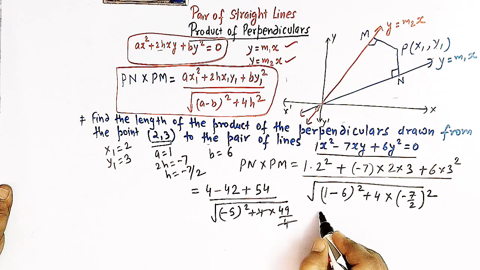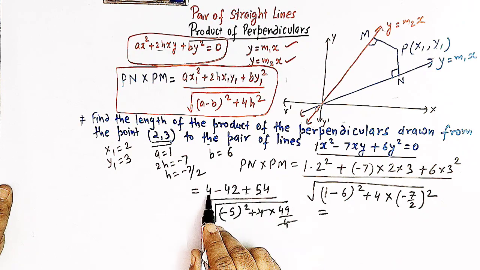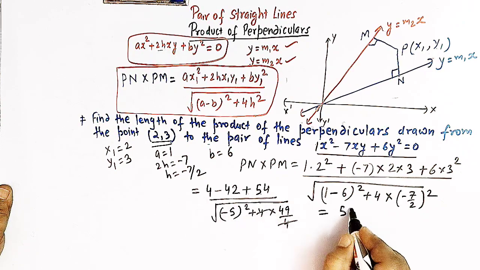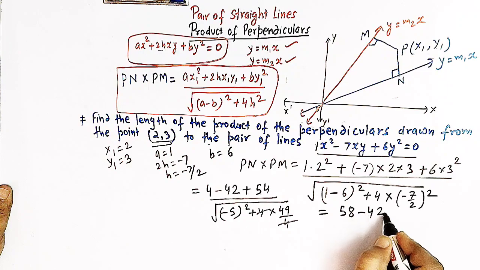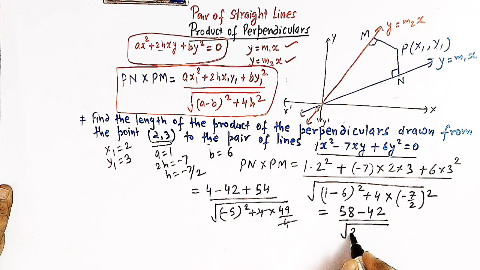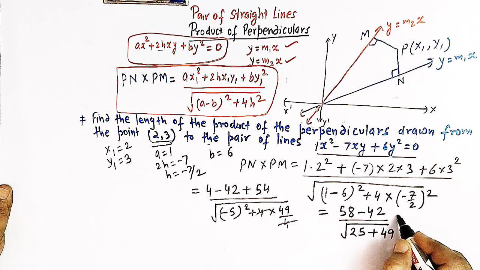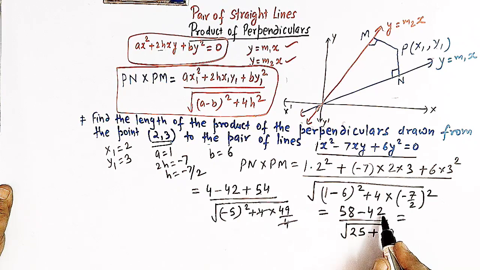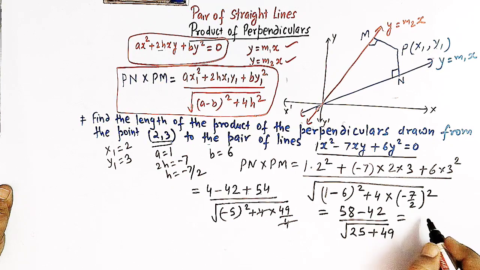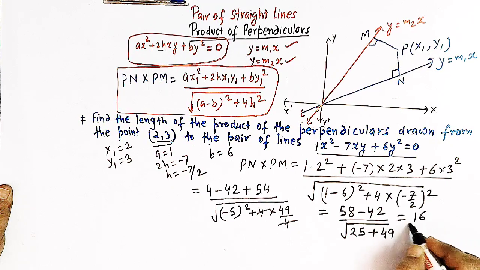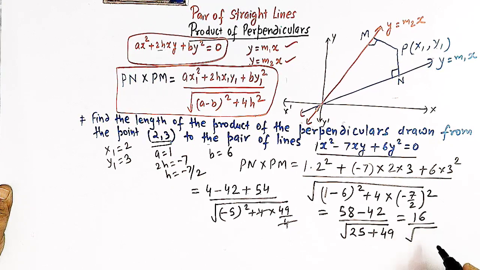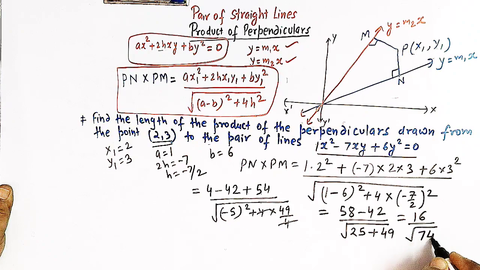The 4 and 4 get cancelled, so here we have 54 plus 4 is 58, minus 42, divided by the square root of (minus 5) square is 25, plus 49. So 58 minus 42 is 16, and here we have the square root of 74.